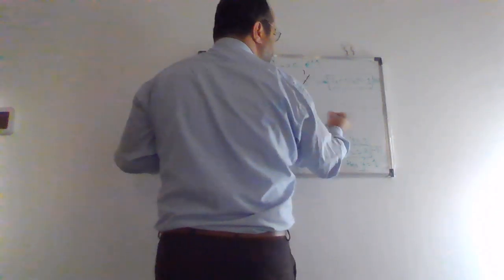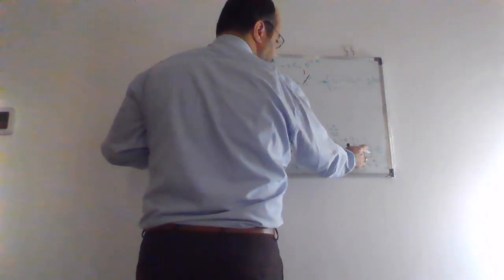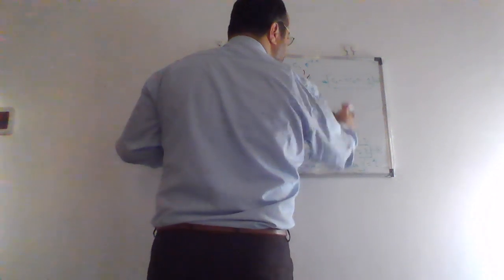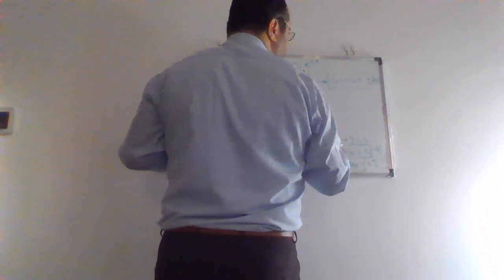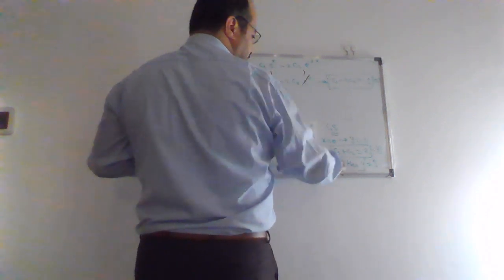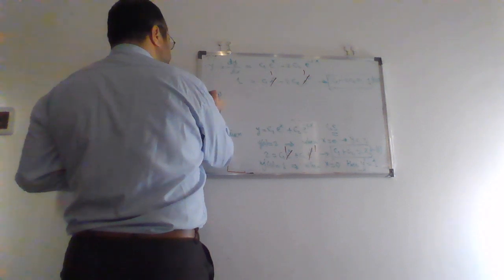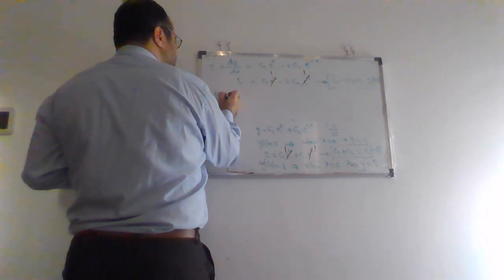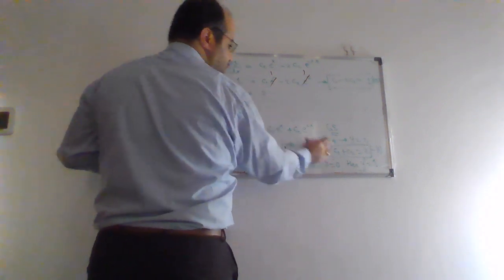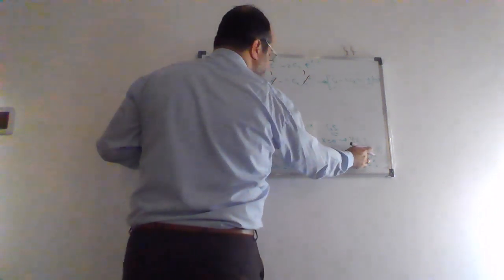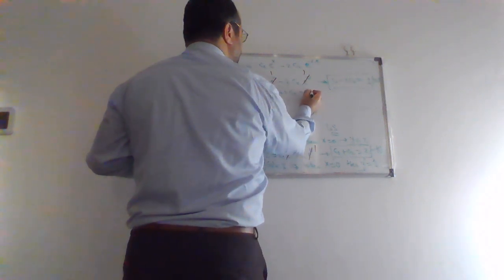Now you need to solve for C1 and C2. So you have C1 plus C2 equals 2, and you have C1 minus 2 C2 equals 1. Suppose that you want to use the elimination method. So let's multiply equation number 1 by 2, what will you get? You will get 2C1 plus 2C2 equals 4.